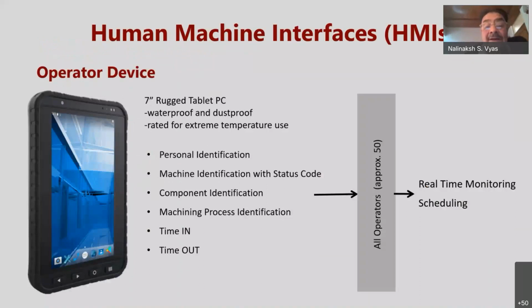This is a human machine interface, and this is what is very critical with the operator. And this is a 7-inch rugged tablet. You either provide this or you have an industrial PC which can be permanently fixed onto the machine.